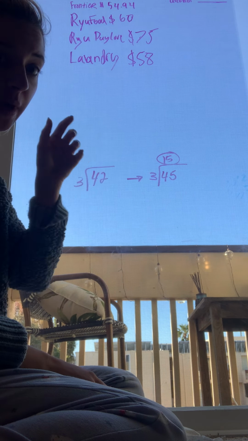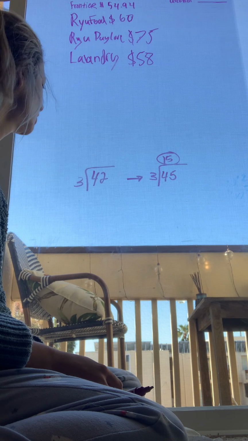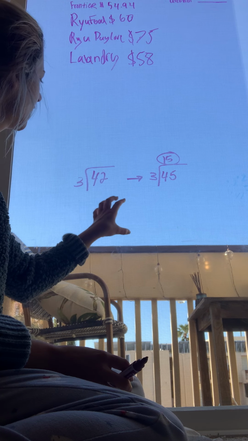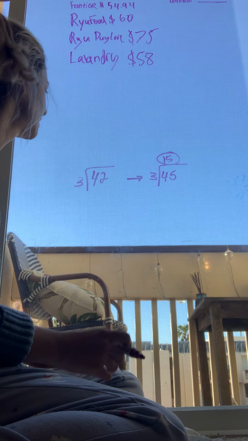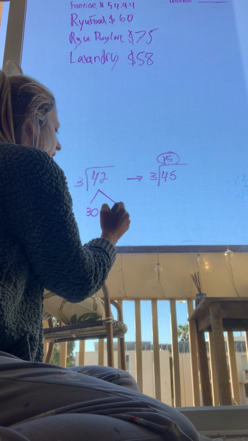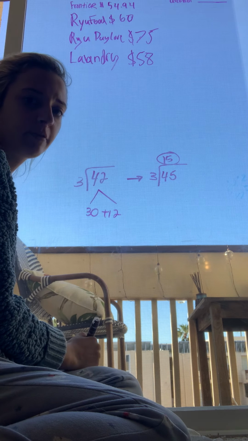This estimate can also help us figure out what to break apart, because if you're looking at 42 and you're like, I'm not sure what to do, I actually see it a couple different ways right now. I see it in a 30 and a 12, and I think that would be the easiest. So let's break 42 into 30 plus 12. You could have done 15 plus 15 plus 12.